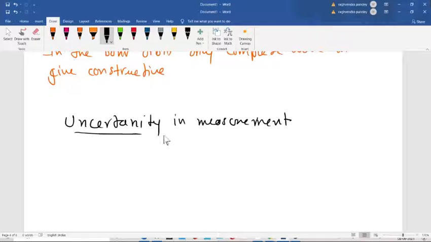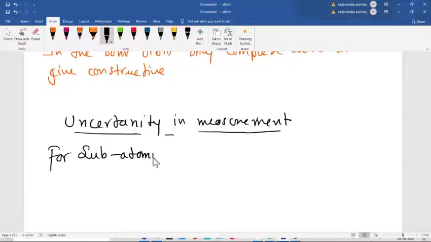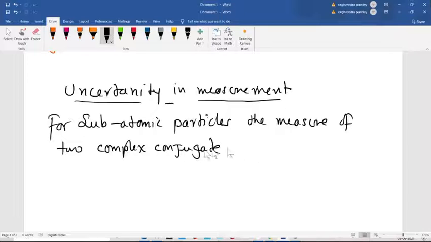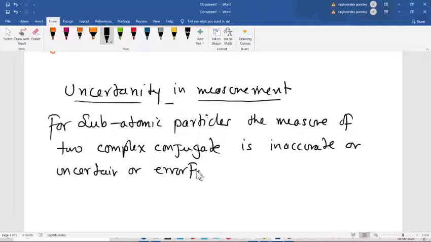Now for subatomic particles, the measurement of two complex conjugates, I will explain what a complex conjugate is, is inaccurate or uncertain or errorful, whatever you want to call it.